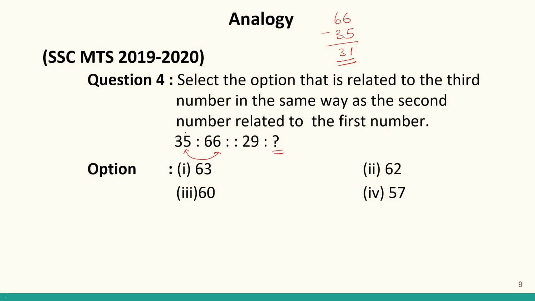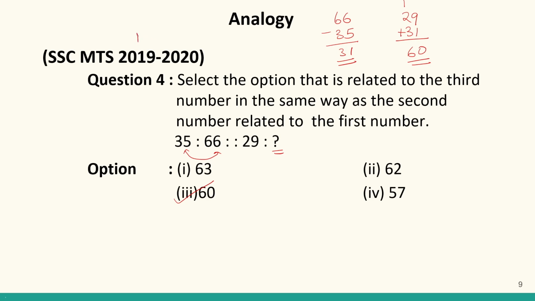So if I add 31 to 35, I'll get 66. So let us check for 29. If I add 31 to 29, I'll get 60. Do we have 60 as an option? Yes. So option number 3, 60 will be the correct answer to this question.